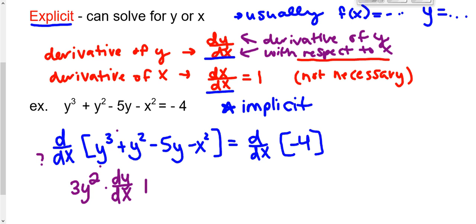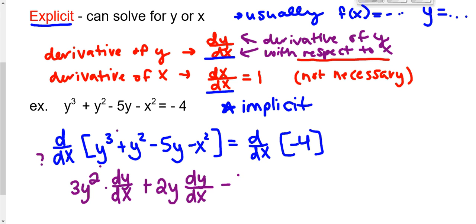Plus, we use our power rule, bring the 2 down, y is left. We took the derivative of y, not x, with respect to x.